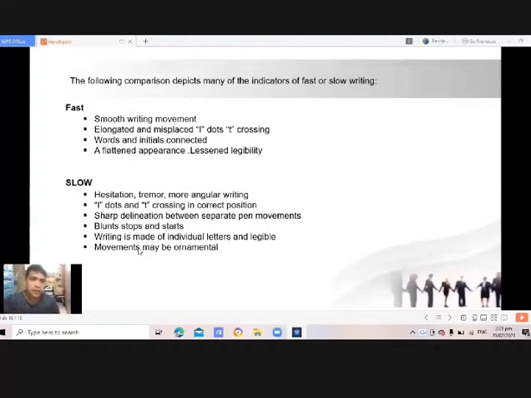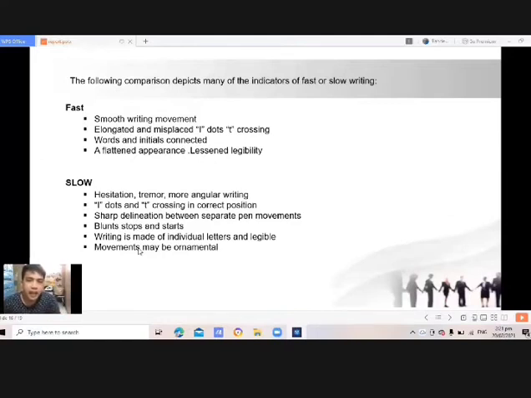Ito, fast, smooth writing movements. Yung sasabi ko sa inyo kanina, kung kalagahan ng speed ng mabilis, talagang maganda na hindi maiwasan mo pa ng forgery yung pagkain ng sulat. Fast, smooth writing movements.